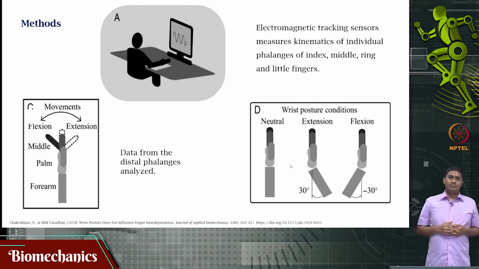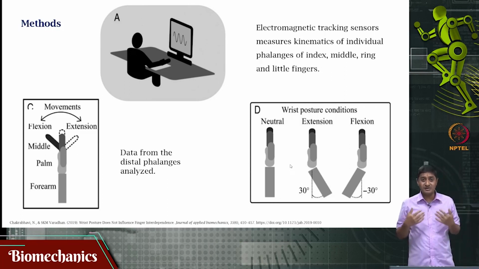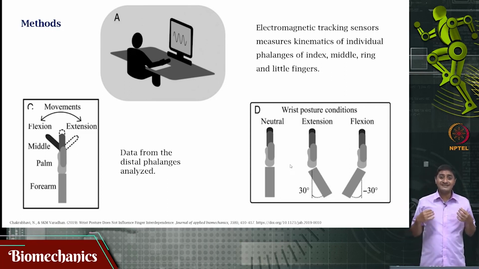Will the movements of the non-instructed fingers change depending on the posture of the wrist? This is the question. So, we measured all the finger movements and all the segmental movements of all the fingers.